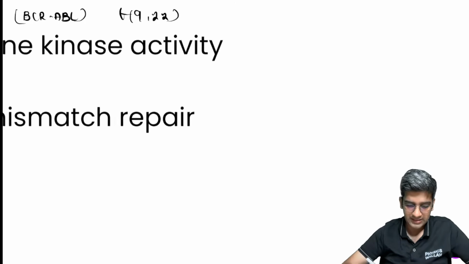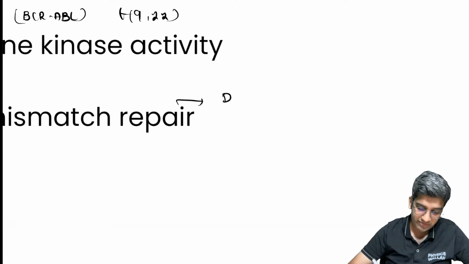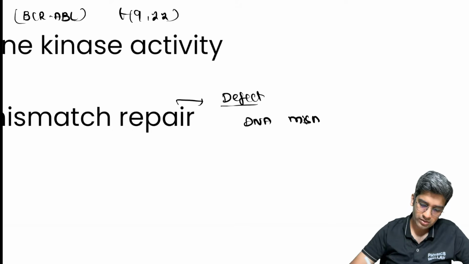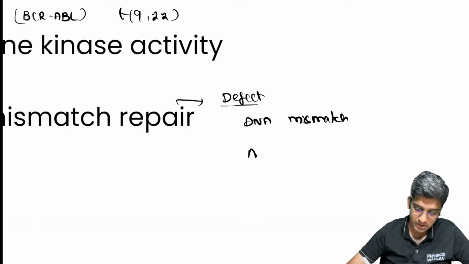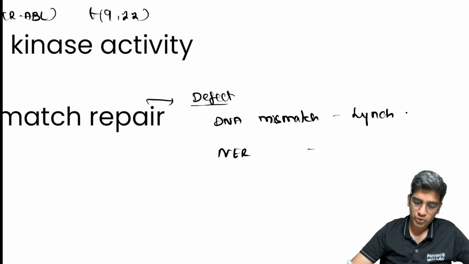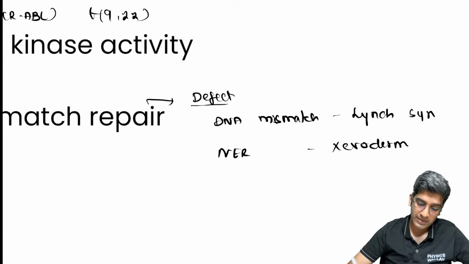A defect in DNA mismatch repair is seen in a tumor which causes colonic polyp. This causes Lynch syndrome, hereditary non-polyposis colonic cancer, HNPCC. A defect in nucleotide excision repair, NER, causes one more disease, xeroderma pigmentosum, seen in case of skin tumors.